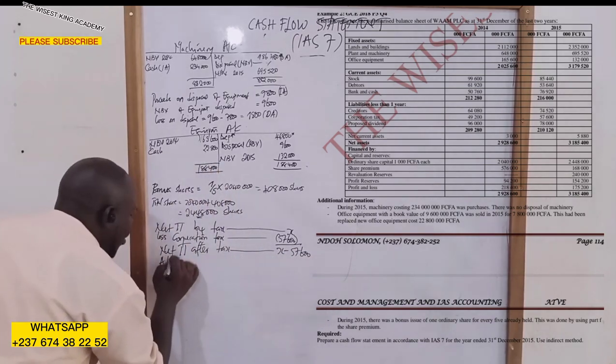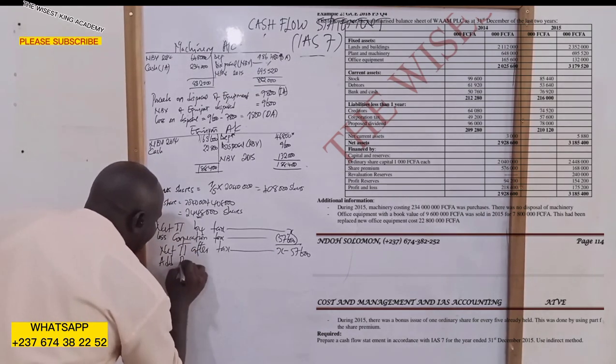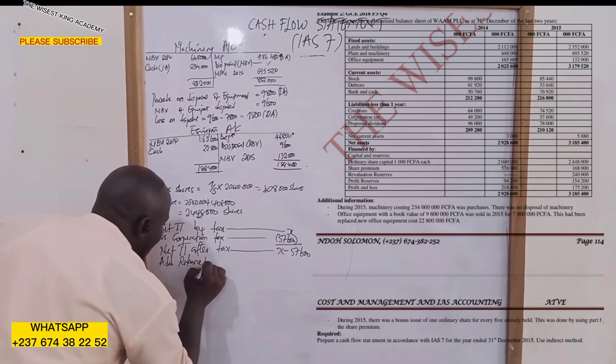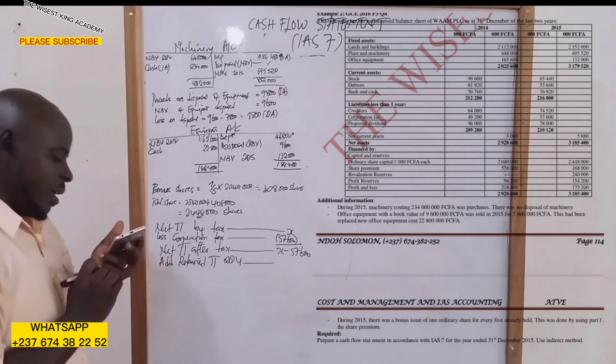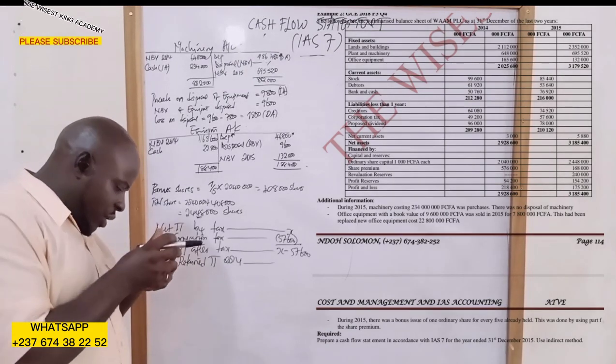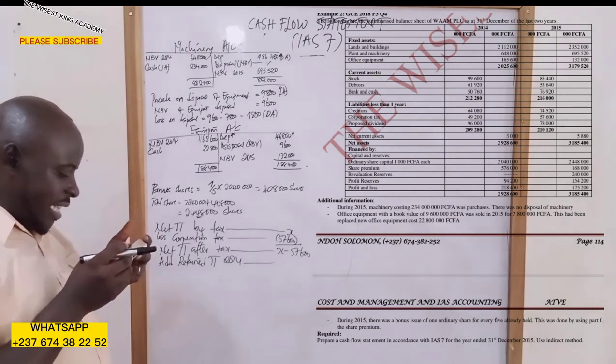Now, add retained profit for 2014, which is brought forward to 2015. Retained profit 2014, you take from profit and loss, which is actually 218,400.